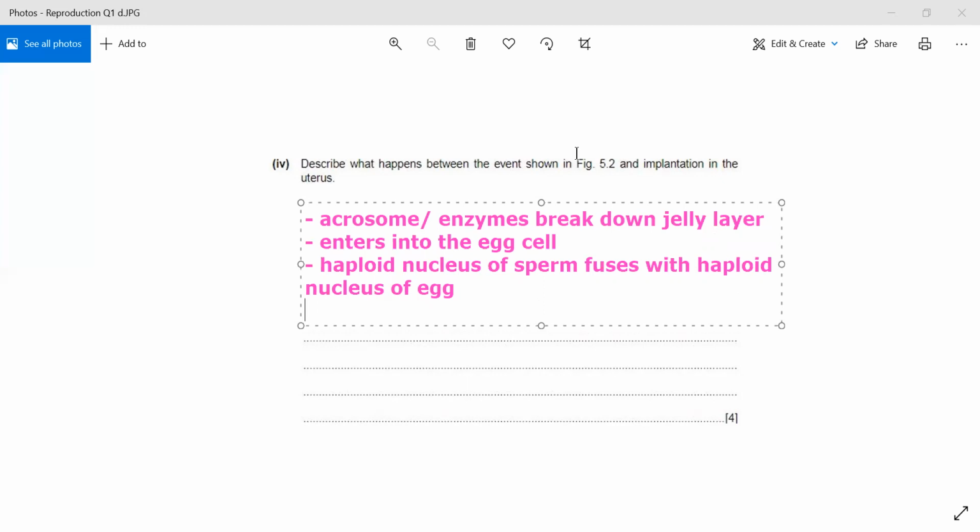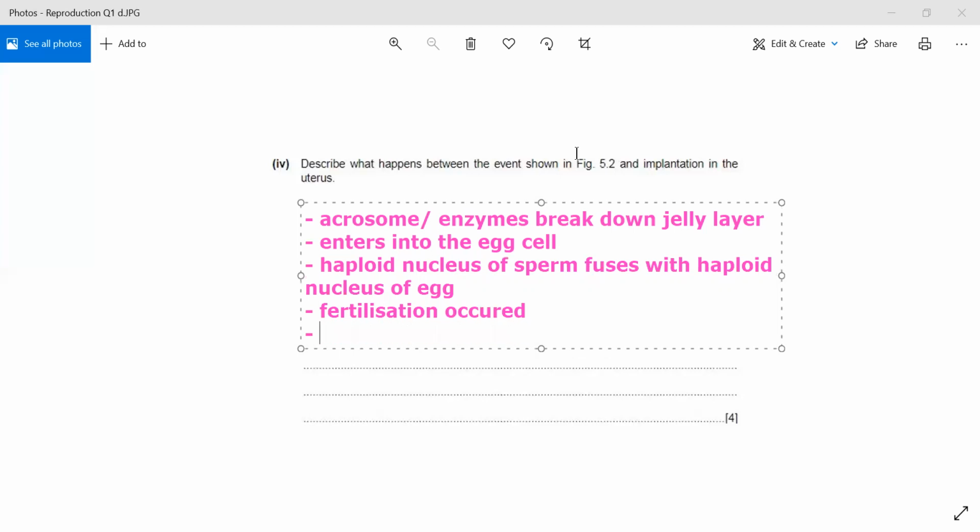Fertilization occurs, right? Because fusion of these is actually called fertilization. Since fertilization has already occurred, it means what? The jelly coat hardens, so no other sperm can enter. So no other sperm can enter.